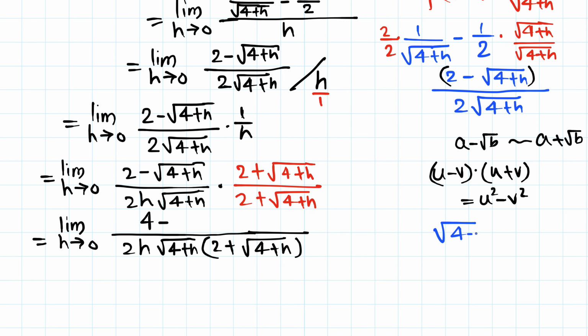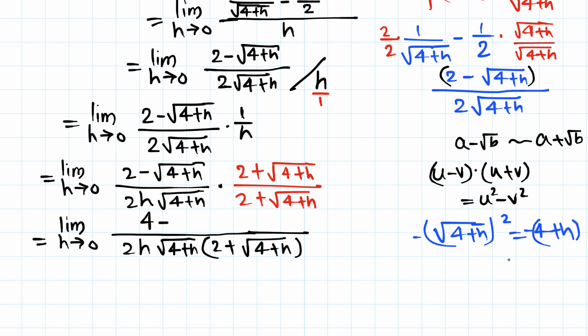So let me simplify here. When we have the square root of 4 plus h squared, square and square root cancel, we get 4 plus h, and there is a minus sign, so let me simplify that as well to save room. So minus 4 plus h means minus means negative 1.